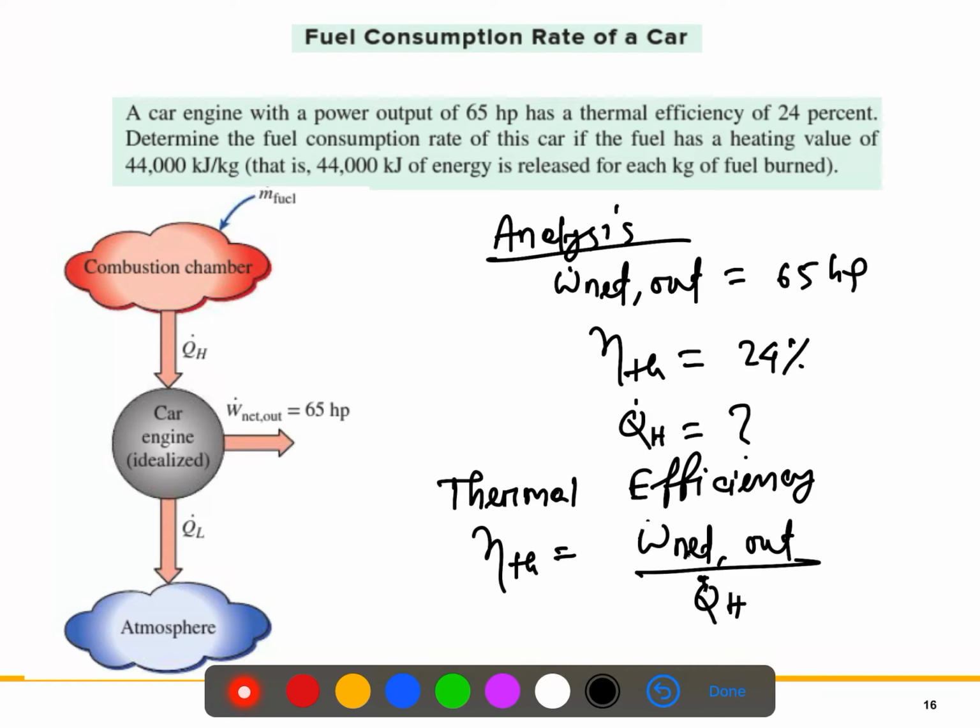As we don't know Q H, we can do some cross multiplication, write Q H here, and then the efficiency will go here.